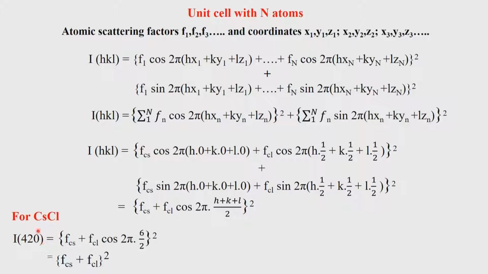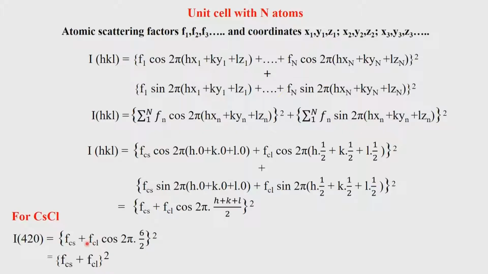All you have to do is to substitute the values in that expression. You take the f of Cs corresponding to that value in our f versus sin theta by lambda picture. We cannot take the Z value; we have to take the value of f of Cs which corresponds to the scattering angle. If the scattering angle is theta, the corresponding sin theta by lambda value has to be read for the f of Cs.